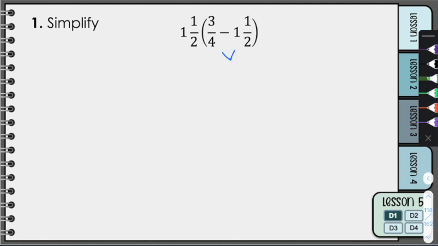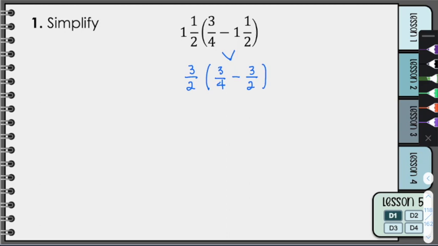So we have 3/4. I'm just going to rewrite everything, 3/4 minus, and I'm going to convert this to an improper fraction. 1.5 turns into 3/2. And then we have a half, 1.5 out here, it turns into 3/2 as well. So I have my 3/2 times 3/4 minus 3/2.